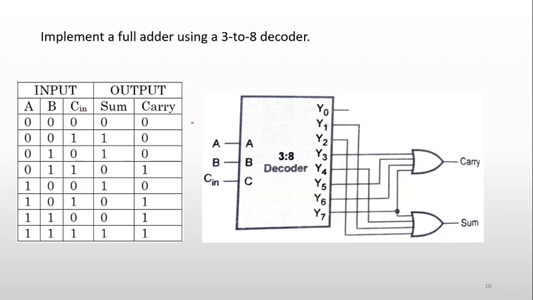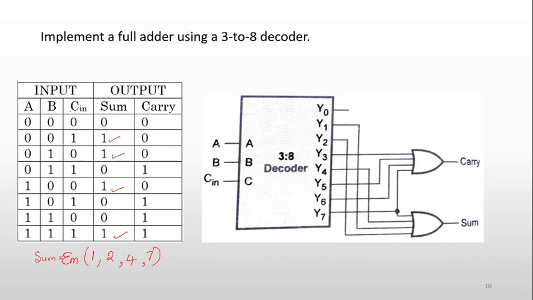Now let us write the SOP equation for sum. SOP equation for sum is nothing but summation m of the minterm values whose output is 1, that is here m1 is 1, m2 is 1, m4 is 1 and m7 is 1, that is 1, 2, 4, 7.